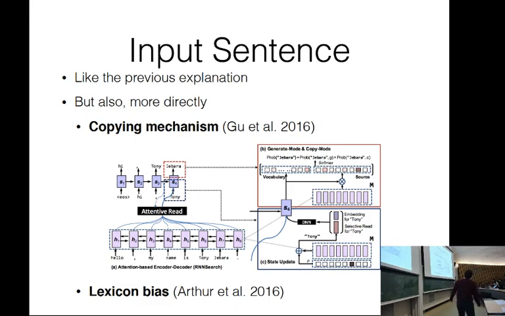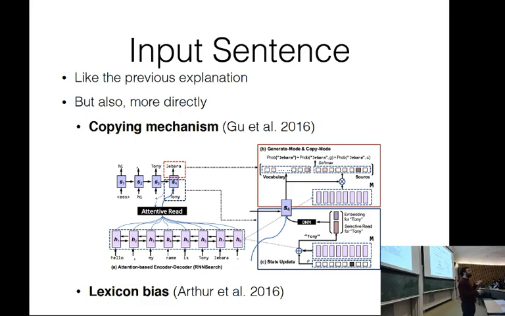Let me see. I don't remember if it's here, but remember how we said that the final output would be a linear combination between the output probability from the decoder and the output from the copying mechanism. Actually, sorry, let me backtrack.